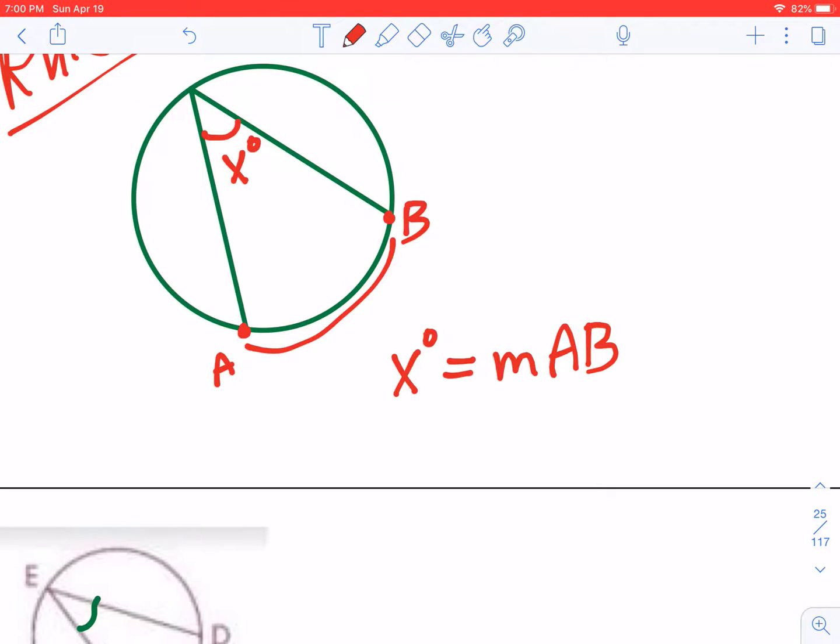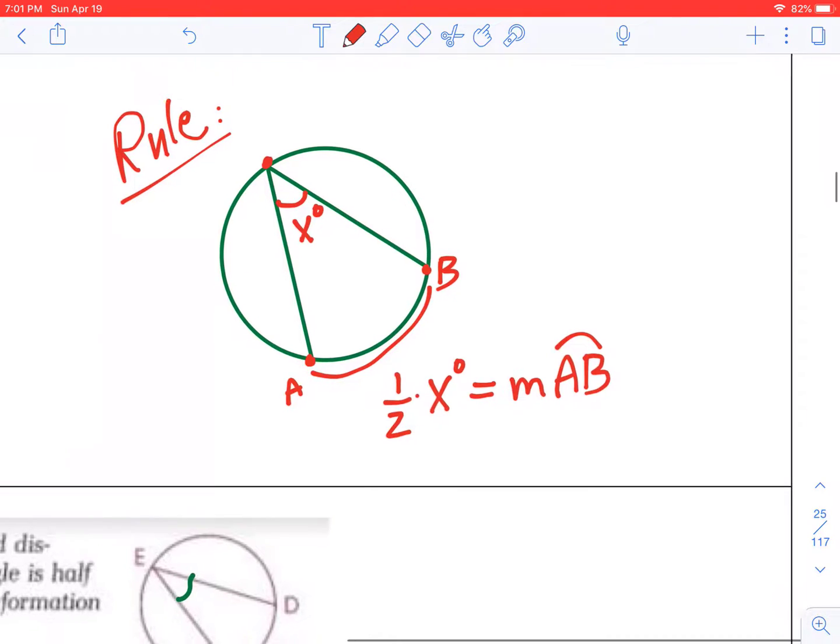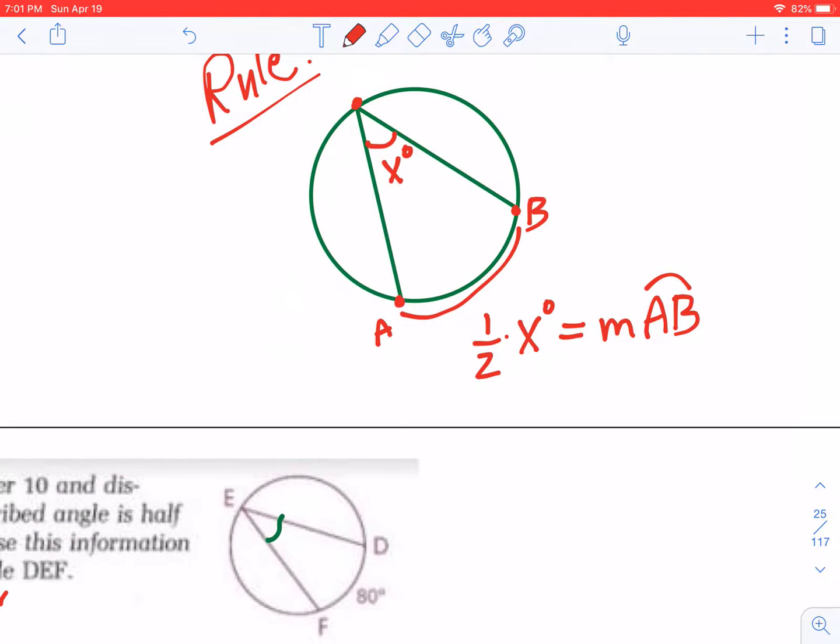They don't equal each other. The angle is 1/2 the arc length. So an inscribed angle, the measure of that angle is 1/2 the arc length. Please make sure you write that down. That's a rule we'll use a lot more later on in Chapter 12, if we get to Chapter 12. But just a little introduction here.